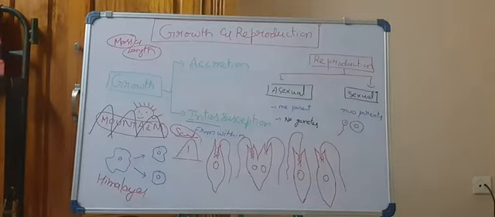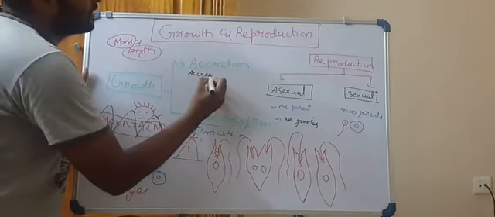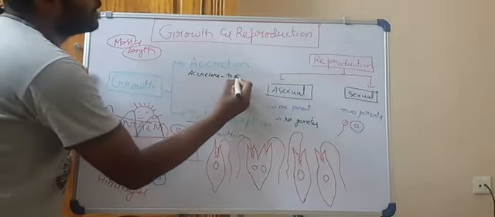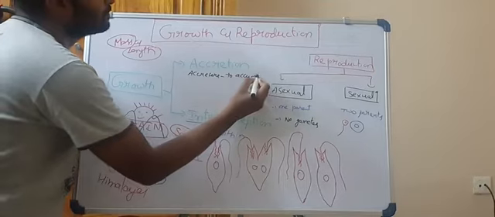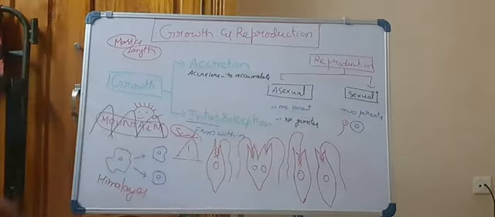What do you mean by accretion? Accretion is something from outside that gets accumulated. So to accumulate something from outside can be called accretion.